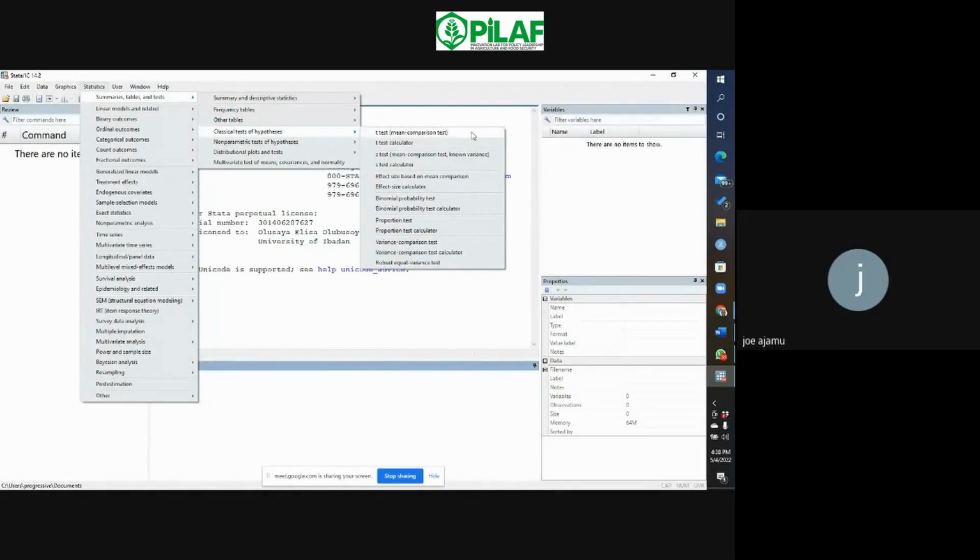Sorry, why will both the Z test and the T test be the same? Because of the large sample property of the normal. If you have a large sample, there's what we call the asymptotic property. So if you have a large sample, the t-test will approximate to normal, but it's only if the sample is small that it differs.